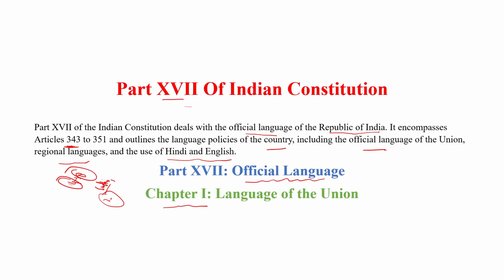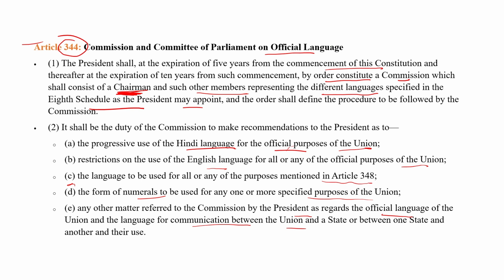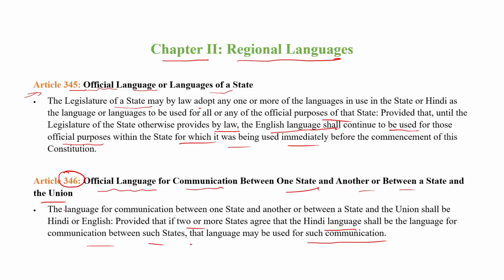Let's quickly revise the session. This is Part 17 of the Indian Constitution, which deals with the official languages of India. Article 343 explains that Hindi in Devanagari script and English will be the official languages of the Union. Article 344 says a commission must be created by the President of India, and these are the works it will do.